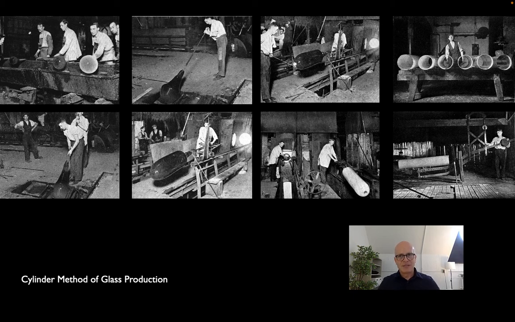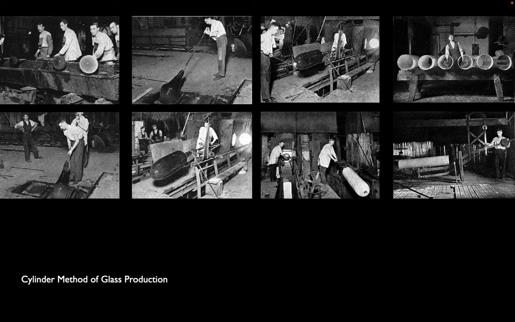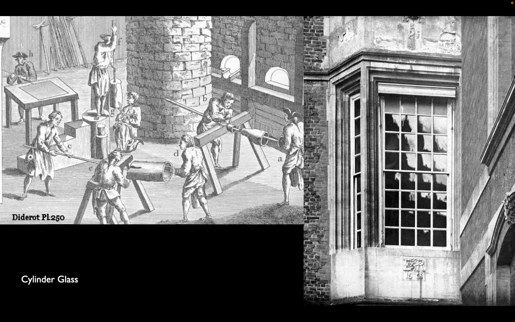First, the ends are sliced off, and then the glass is remelted. The resulting cylinder, from which the process gets its name, is laid flat, and then that glass is carved up again into window panes. And what this does is it eliminates the circular mark or circular imperfection that occurs near the center of crown glass.